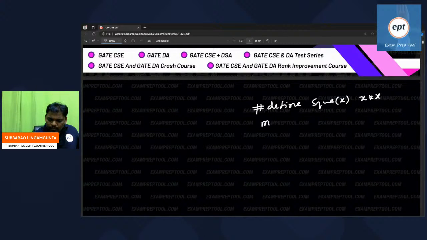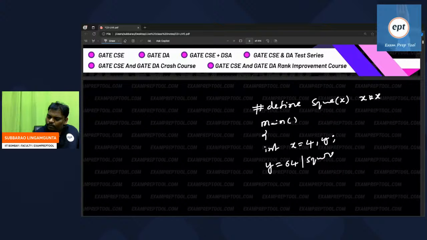Now can you see this one? Main, int x is equal to 4, comma y. Then y is equal to 64 by square of x. Printf x comma y.